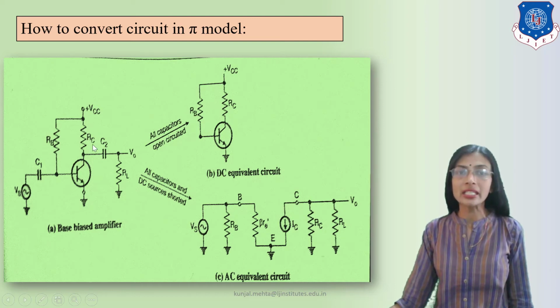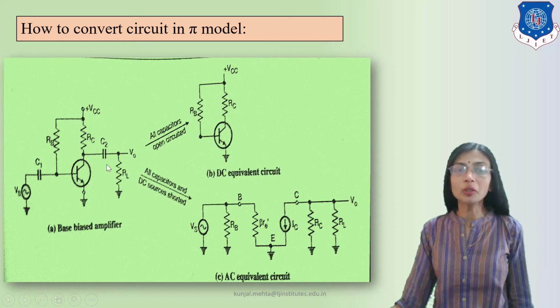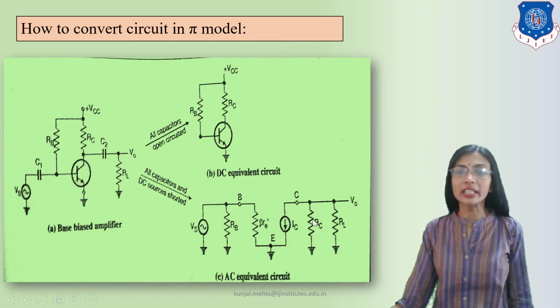One is the collector resistance and the other is the load resistance. So according to RC parallel RL, I should draw them here for the equivalent circuit. In the equivalent circuit, first draw RC and then draw RL in parallel with the constant current source. So this is the input port and this is the output port of the AC equivalent circuit.